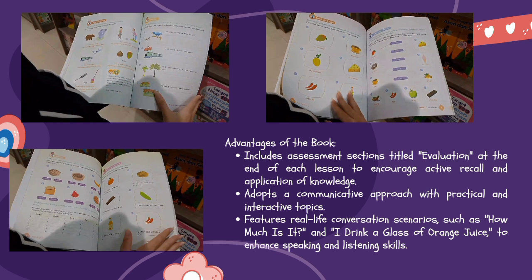This helps improve their communication skills and prepares them for real-world interaction in English. However, while the book includes these engaging topics, more interactive tasks like group discussions or role-playing activities could be added to further enhance the communicative approach.